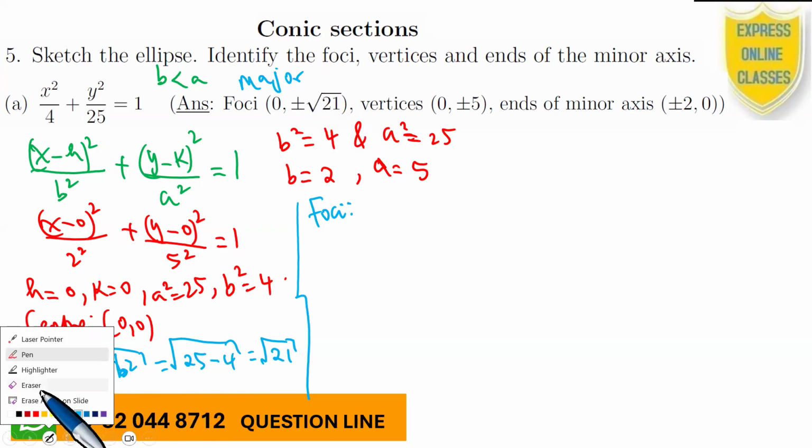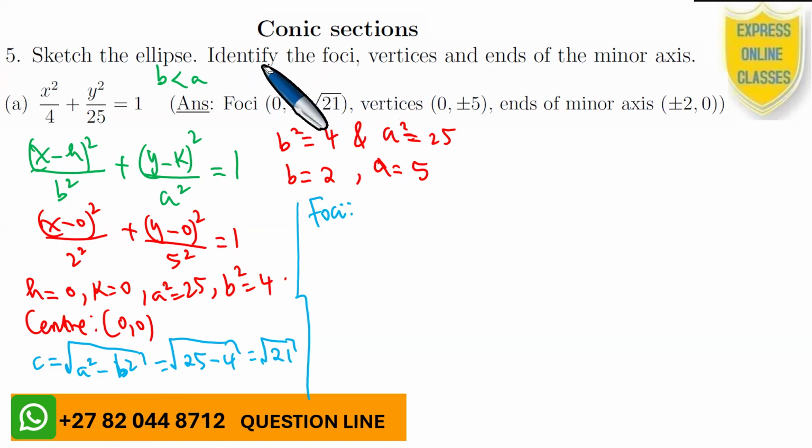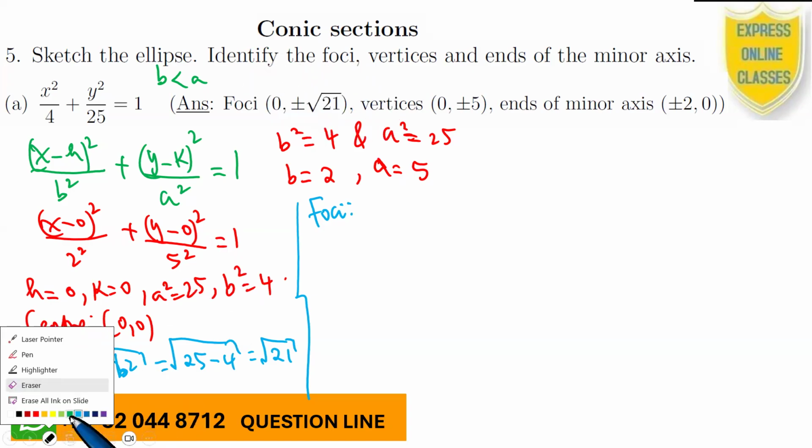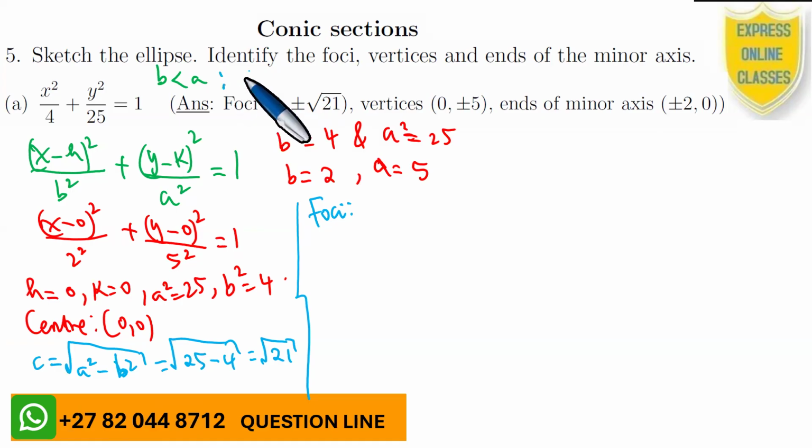You say the biggest one, and this is how you put it. Since a equals 5 and is the biggest one, and the biggest one is for the y, it means the major axis is parallel to the y-axis.